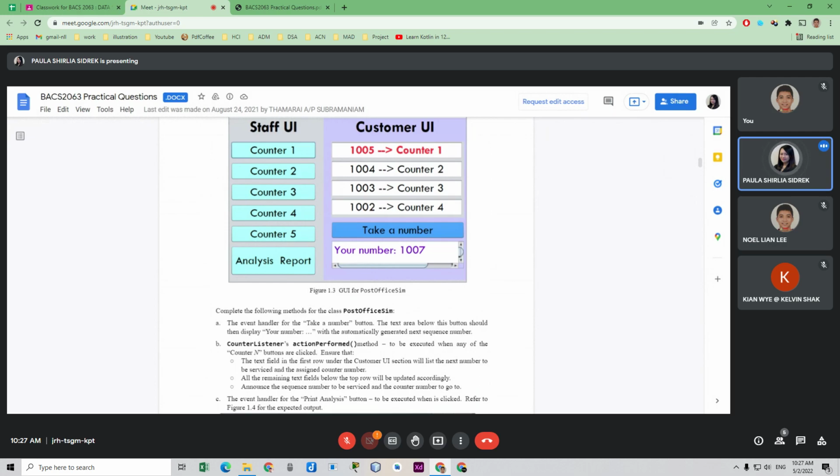So it should be able to generate those numbers, which will keep changing as one number goes out. All the remaining text fields below the top row will be updated accordingly, so everything will be updated once one number is served.